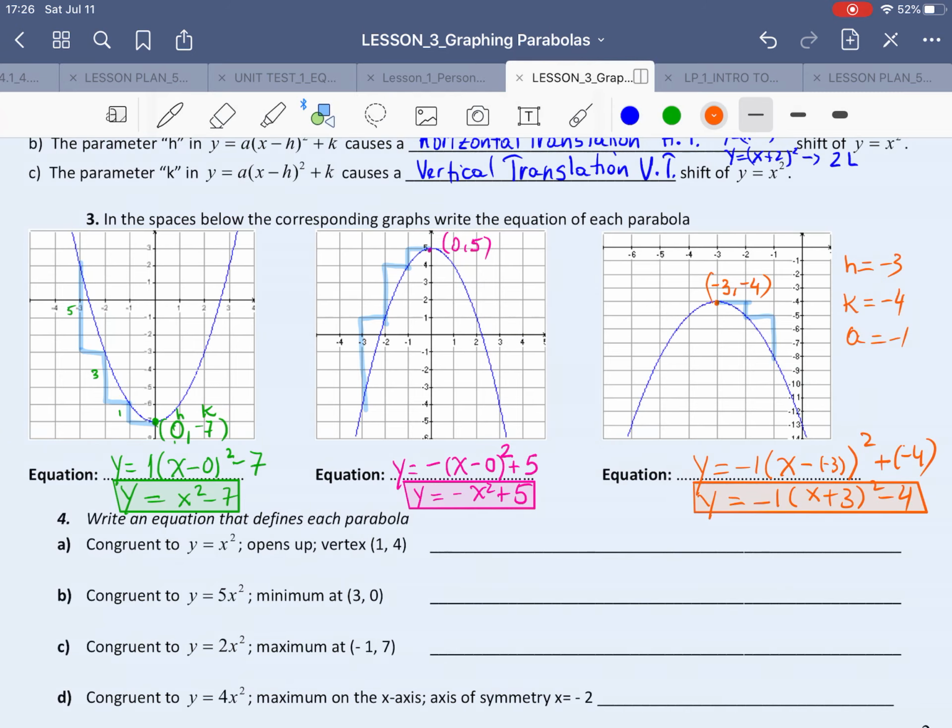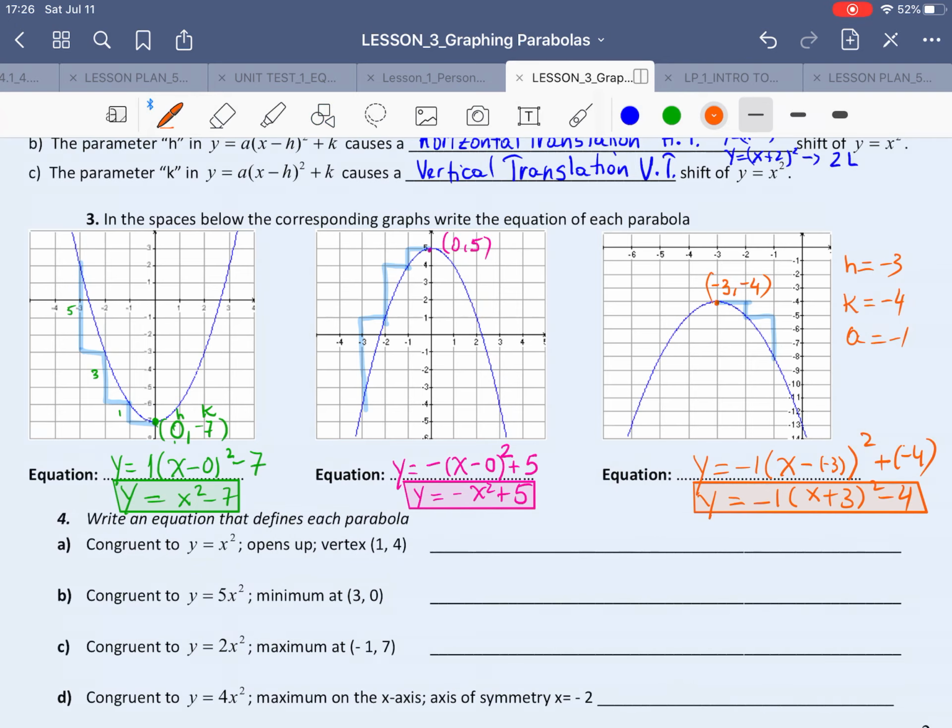Now, in the next group of questions, we are given the description of the transformations of a parabola, and we need to write the equation from it. And this is as much of a variety that you're going to get in your evaluations or in your tests, right, when it comes to describing parabolas and quadratic relations.